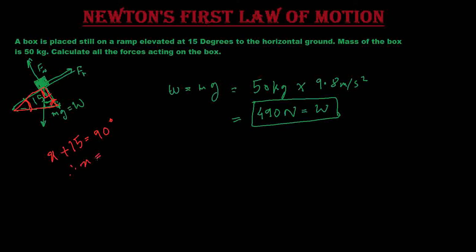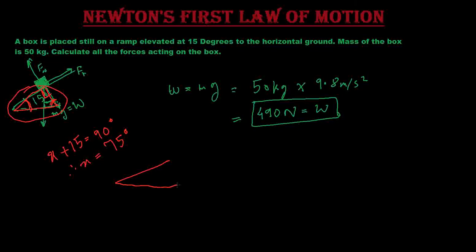If we draw a replica of this triangle over here, we can see this is 90 degrees and this is also 90 degrees, and we know this is 15, so this angle is going to be 75. So this other angle is going to be 15 degrees.